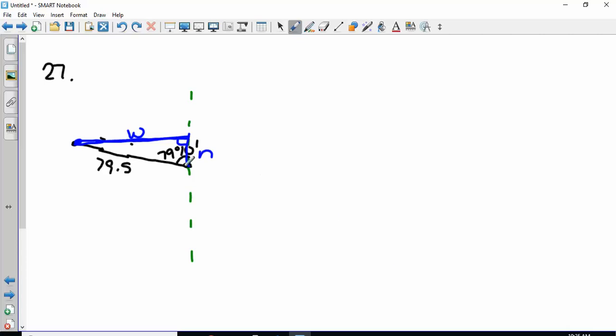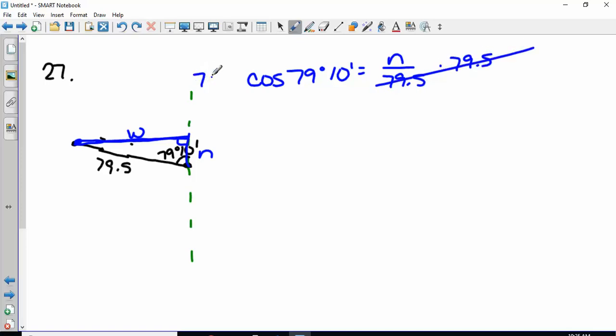To find my north from my angle that's adjacent, I know the hypotenuse, so that would be cosine. Cosine of 79 degrees 10 minutes equals the north over 79.5. Multiply over the 79.5, and then just put that in the calculator.